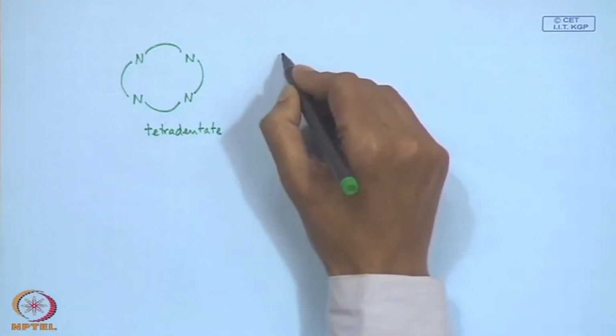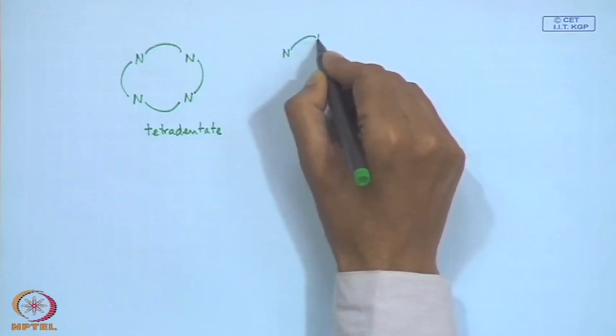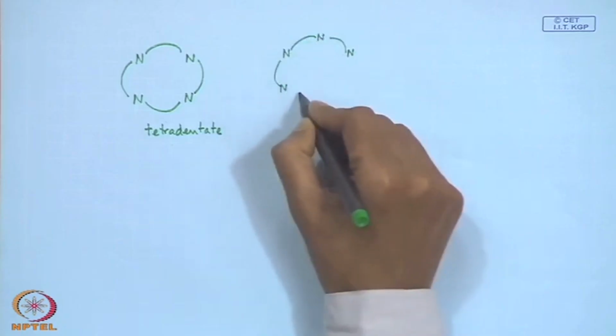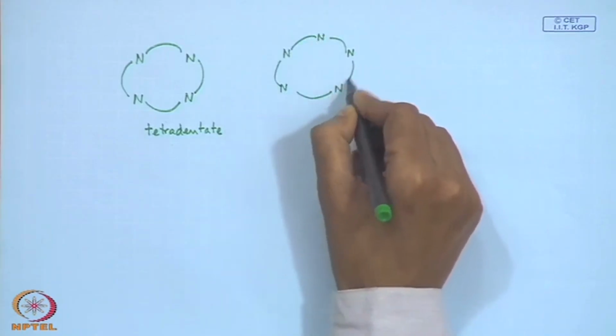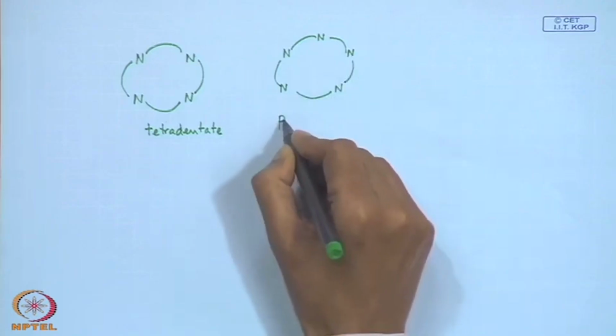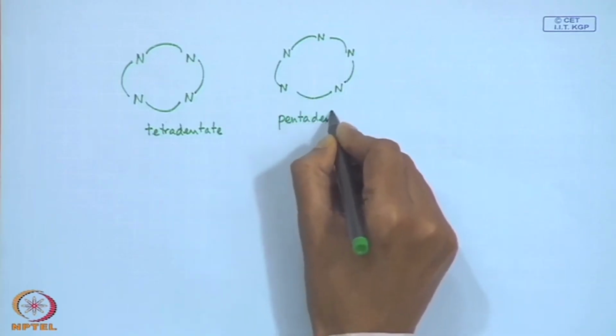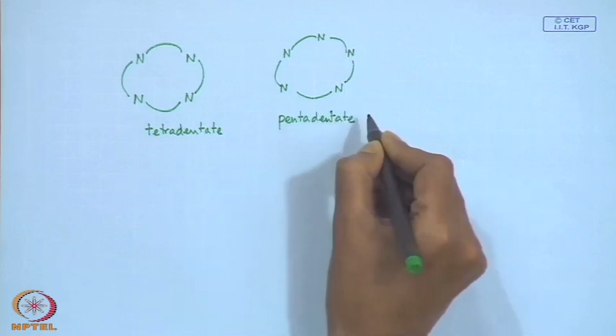we can put one more nitrogen, making it pentadentate.